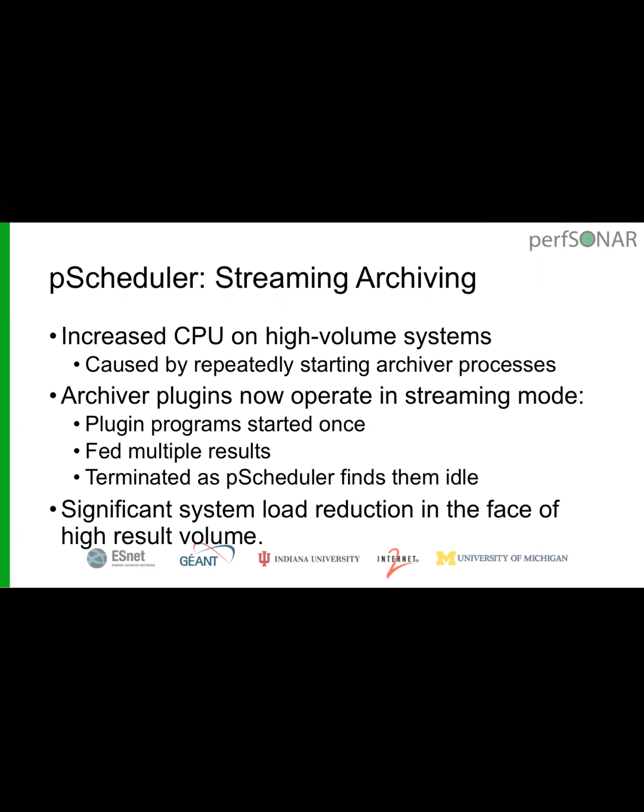And as pScheduler finds that they've become idle and not doing anything, they get shut down. What we've noticed in our test bed, and what we think will probably also be noticed in production, is that there should be a fairly significant reduction in load on systems doing high result volume. So that's going to be something to look forward to. Next slide, please.